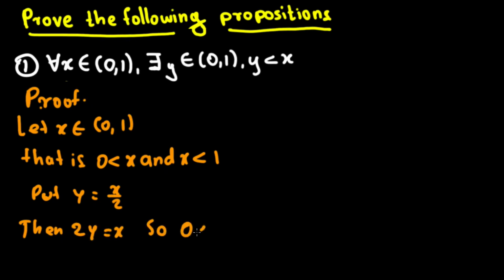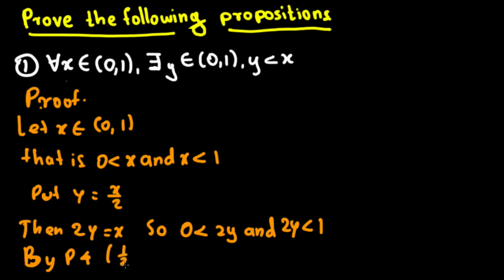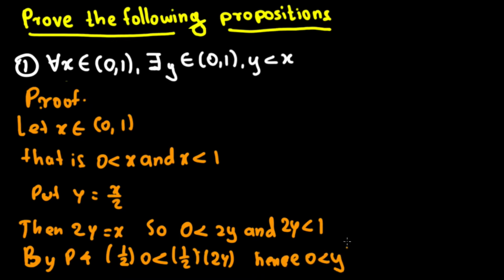So 0 is less than 2y and 2y is less than 1. By proposition number 4, half times 0 is less than half times 2y. Therefore 0 is less than y.